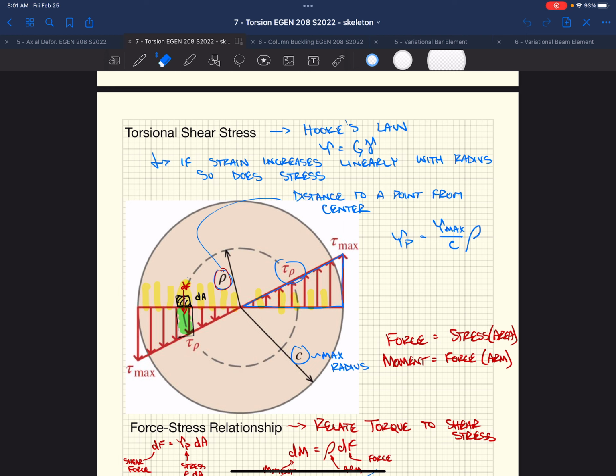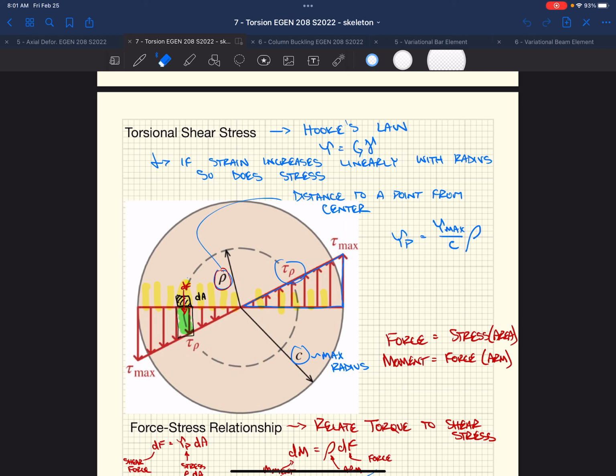We developed really this main equation that tells us what the torque is relative to the stress in our shaft. The polar moment of inertia is essentially some geometric properties of the shaft, as well as the maximum radius. And we can rearrange that to calculate what the stress in the shaft is if we have a known torque and known geometric properties.